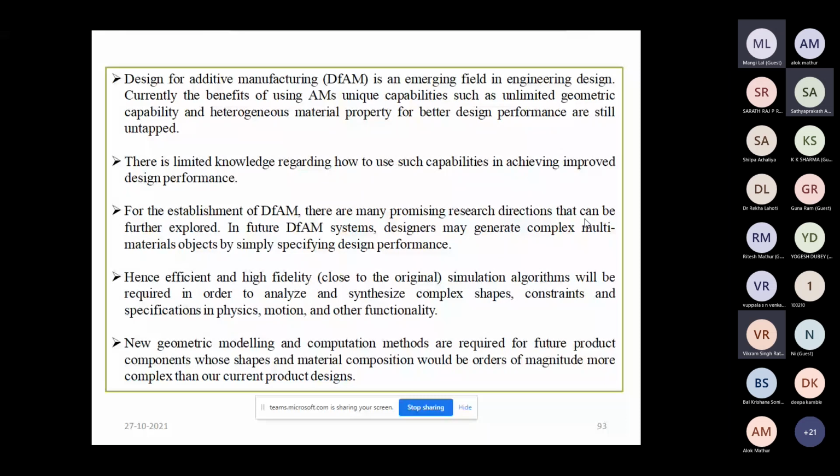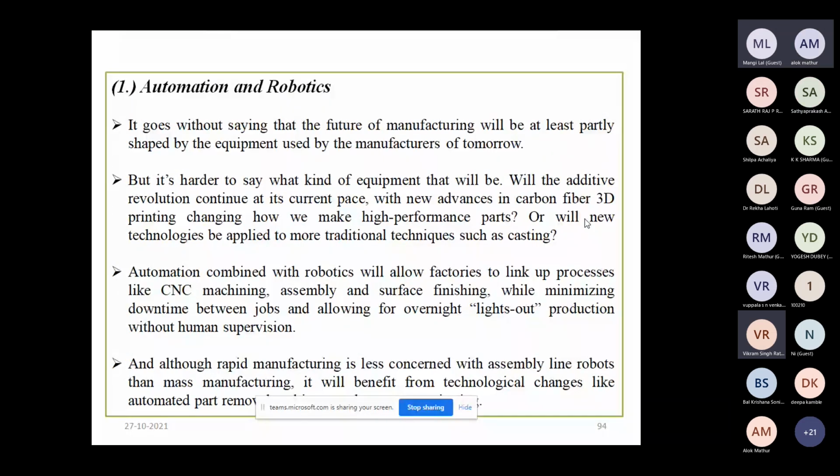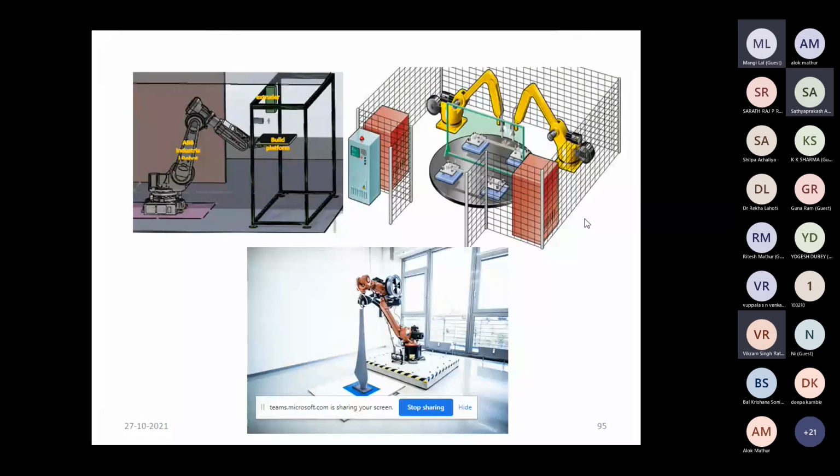In recent times additive manufacturing can be used for automation and robotics, where you just give the input to the machine and all the work is done with the help of robotics. Then digital spare part libraries. What are digital spare part libraries?